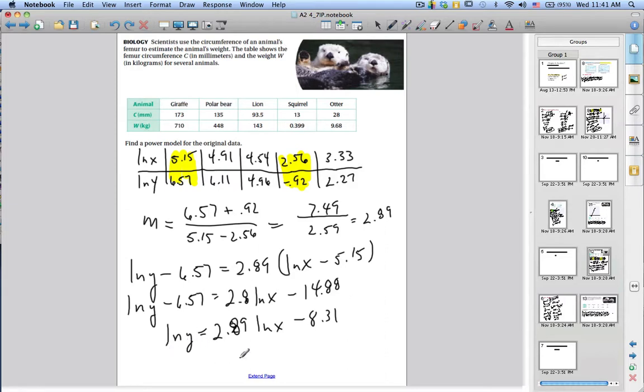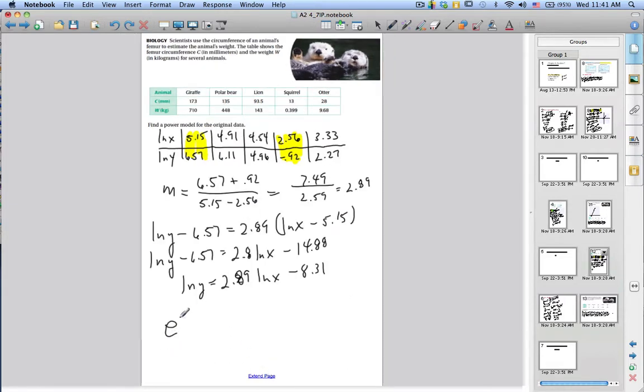Now, to solve for y, I need to exponentiate either side. I'm going to raise each side to the power on a base of e. I do that because this simplifies to just be y. And remember, if I have subtraction going on here, then there was division happening in terms of multiplying my bases.